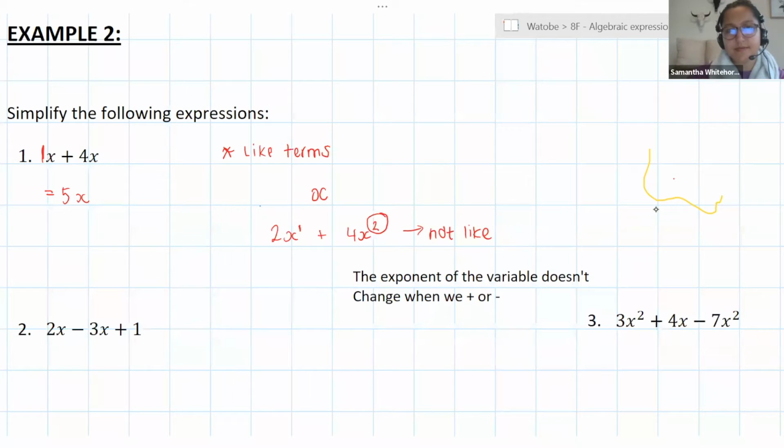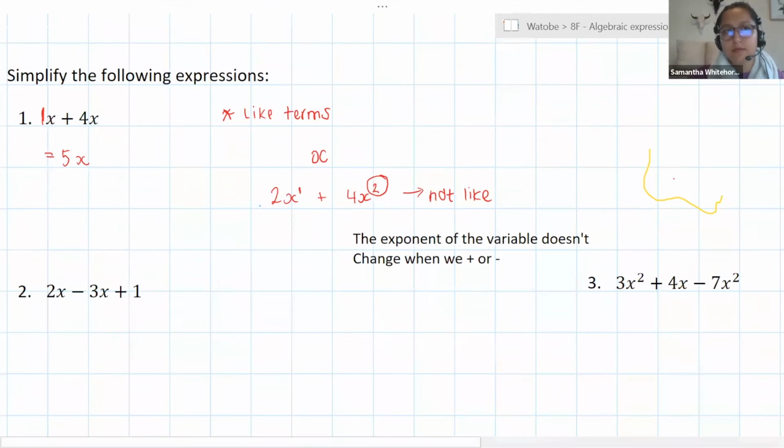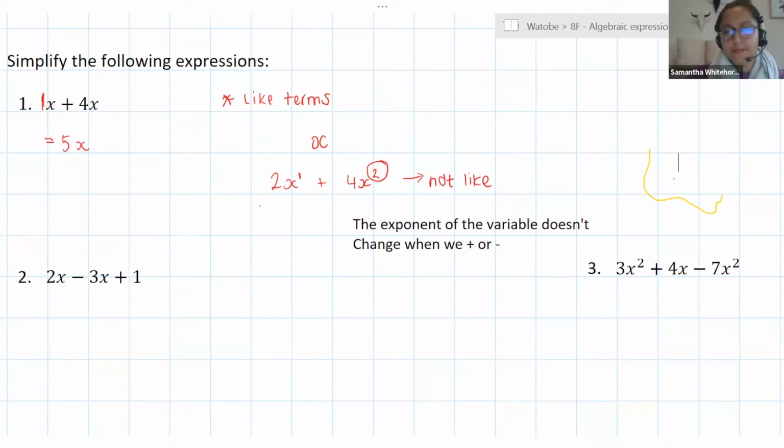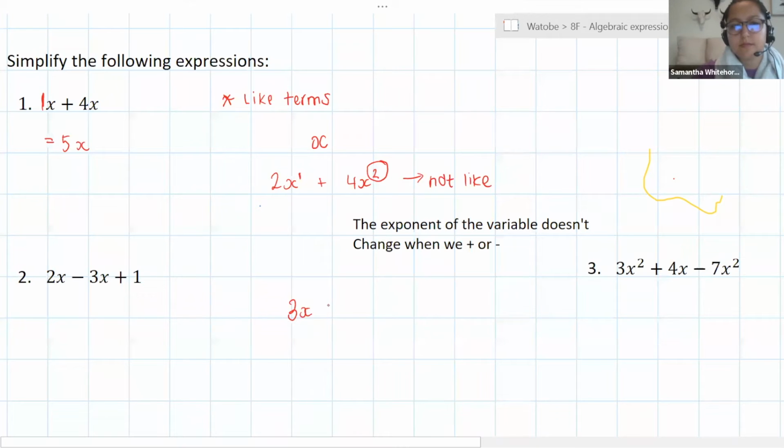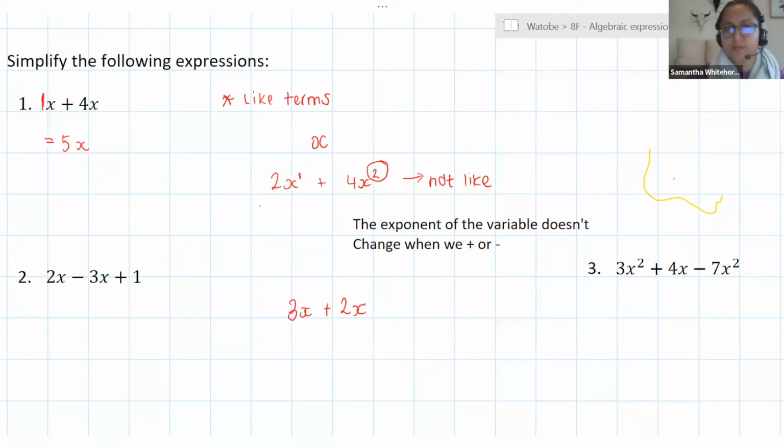Okay. I just have a question. I'm going to use example 2, question 2 as an example of what I'm trying to say. So with question 2, if it was like 3x plus 2x, will it equal 5x or would it equal 5x to the power of 2? I just want to know, when do we make them exponents when we add them together?